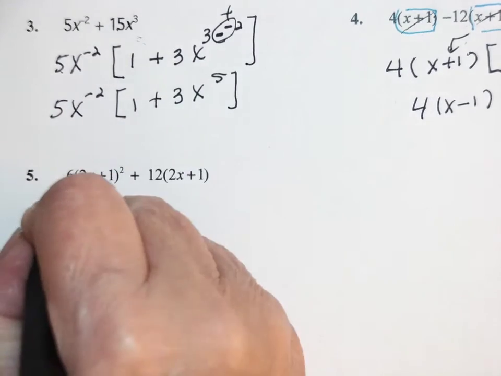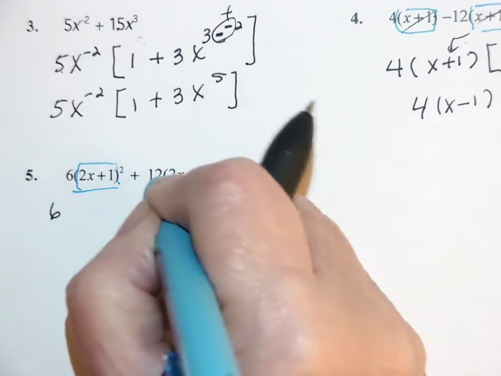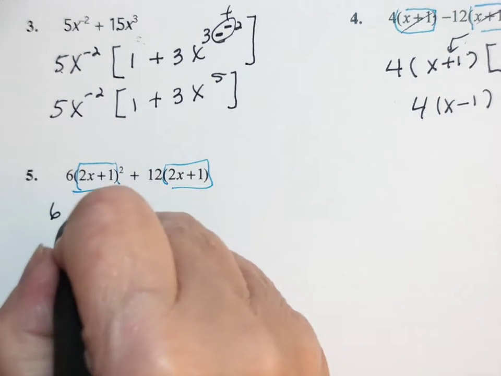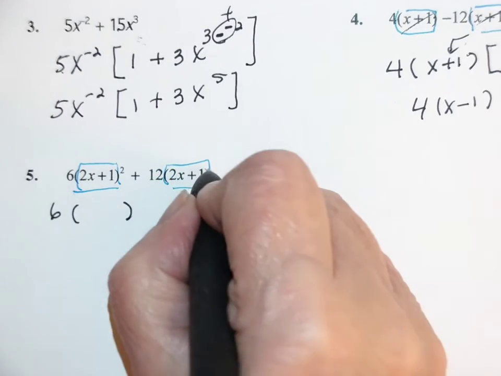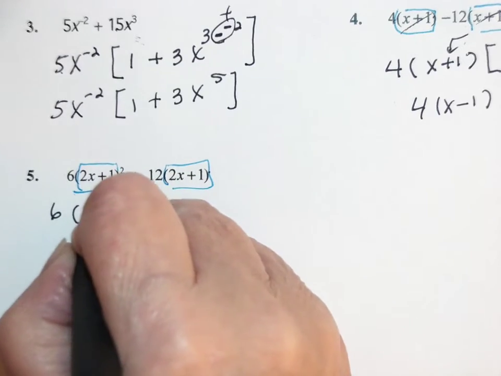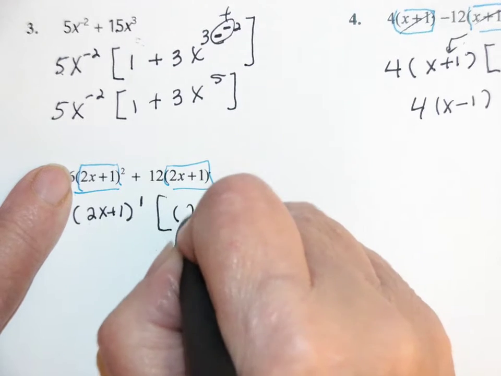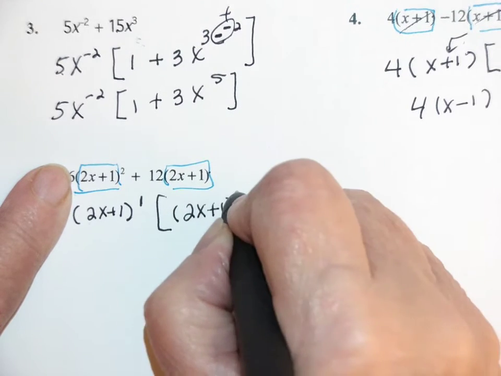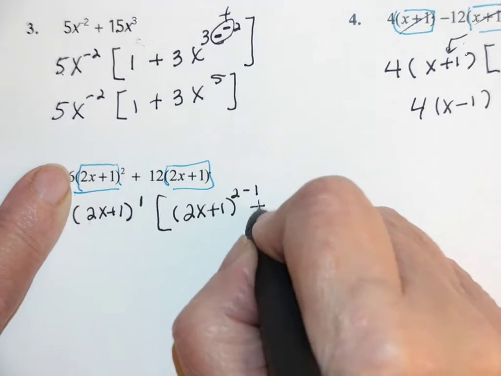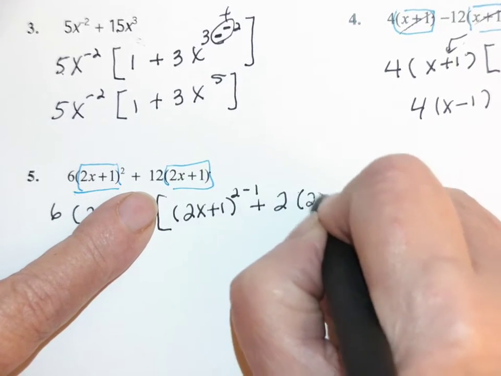Greatest common factor is a 6, and you notice the set of parentheses here and here are the same. So it's going to be that set of parentheses, smallest power is 1. So it's 2x plus 1. I'm taking the 6 from the 2x plus 1. I'm removing one of them. Plus 6, and I'm completely removing this guy.